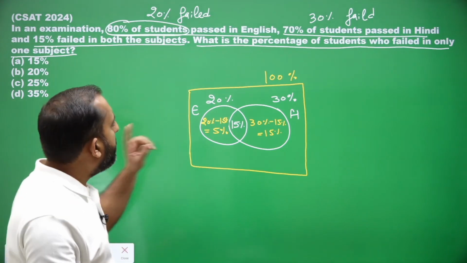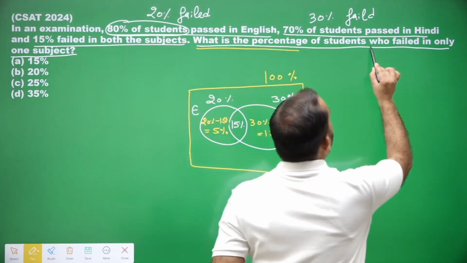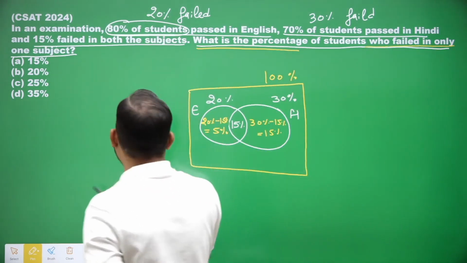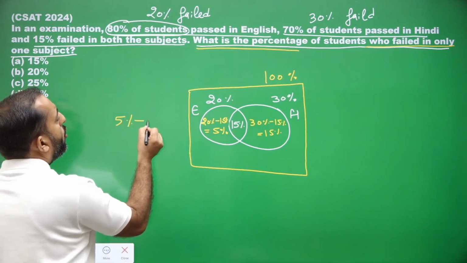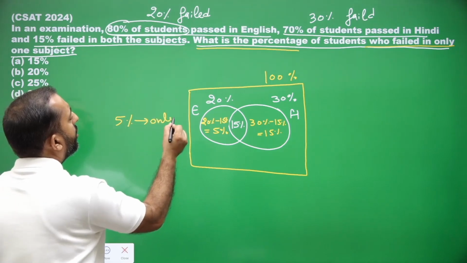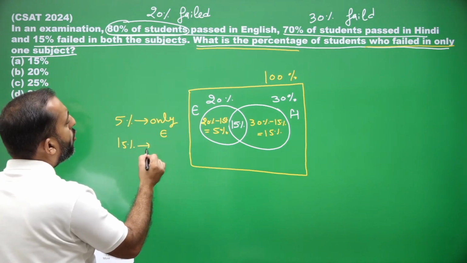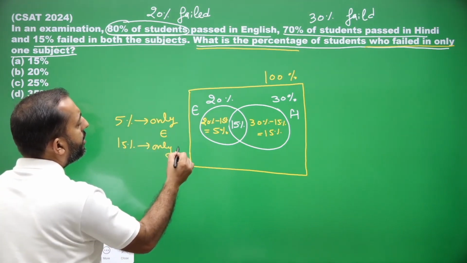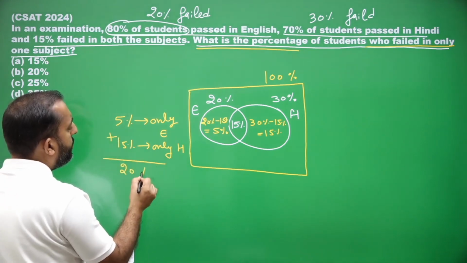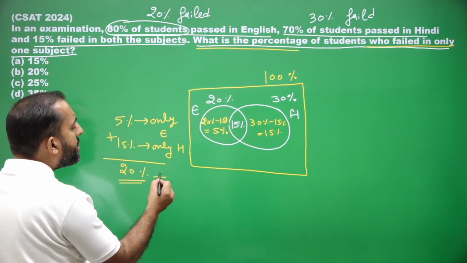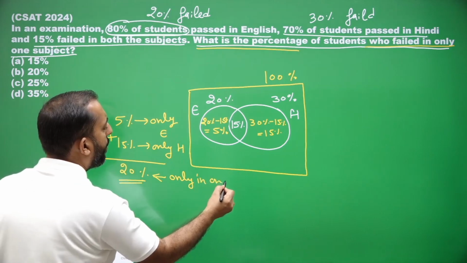Why? Because the question is, what is the percentage of students who failed only in one subject? So 5% failed only in English and 15% failed only in Hindi. So 5% plus 15%, so 20% people failed only in one subject.